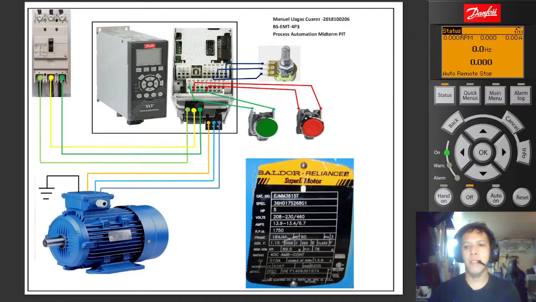So let's begin. First, we need to press off. Then we go to main menu, and under main menu we go to special functions and click OK. Then we go to reset functions and click OK.